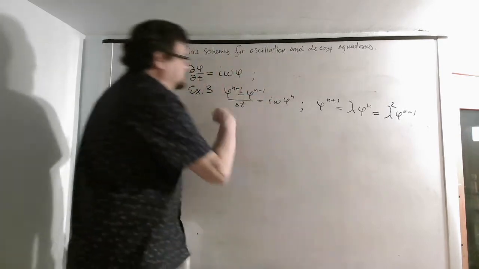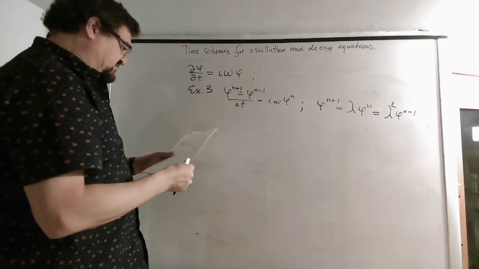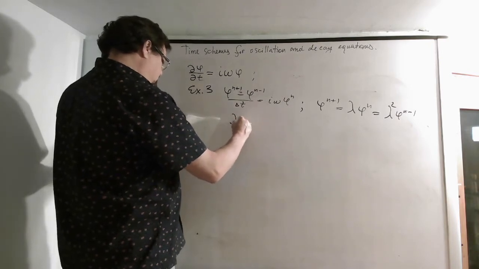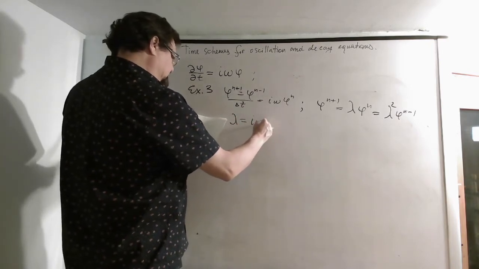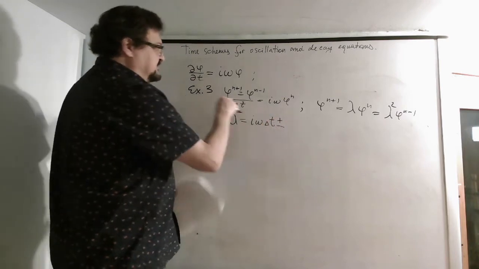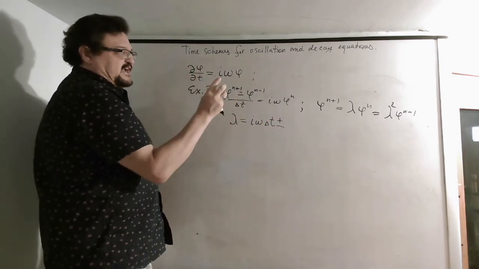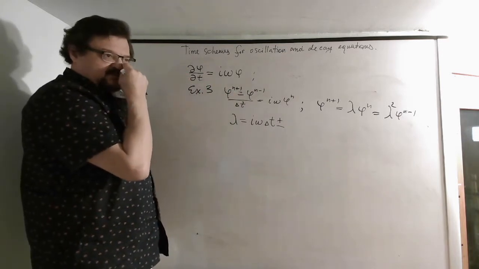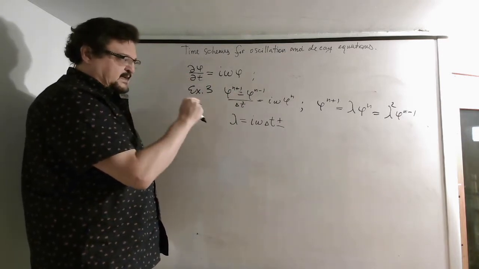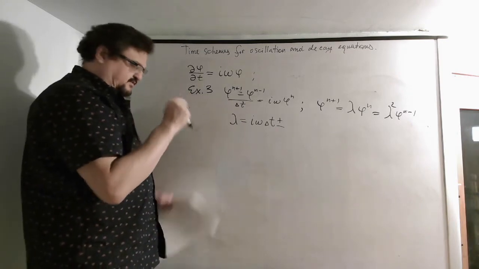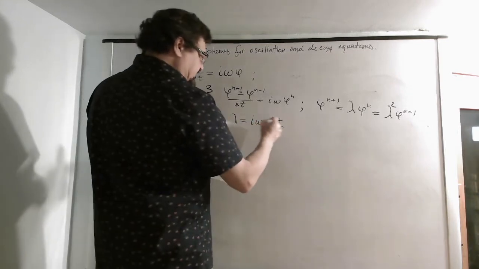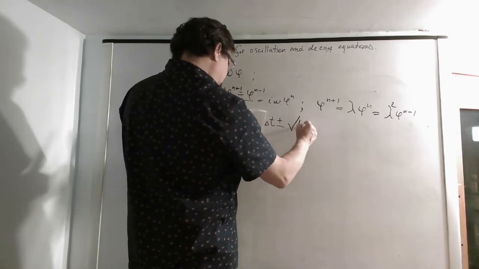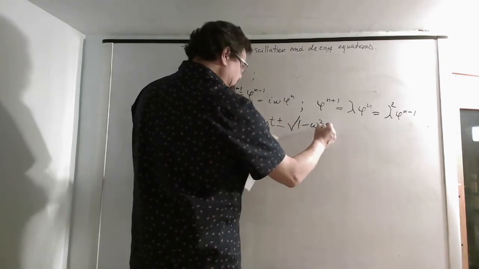If we substitute all this in this equation, we derive that lambda equals I omega delta t. In this case, because we have three time levels, we have a quadratic equation for lambda, as before for the leapfrog scheme, and so we have two solutions for lambda. So it's I omega delta t plus or minus the square root of 1 minus omega square delta t squared.